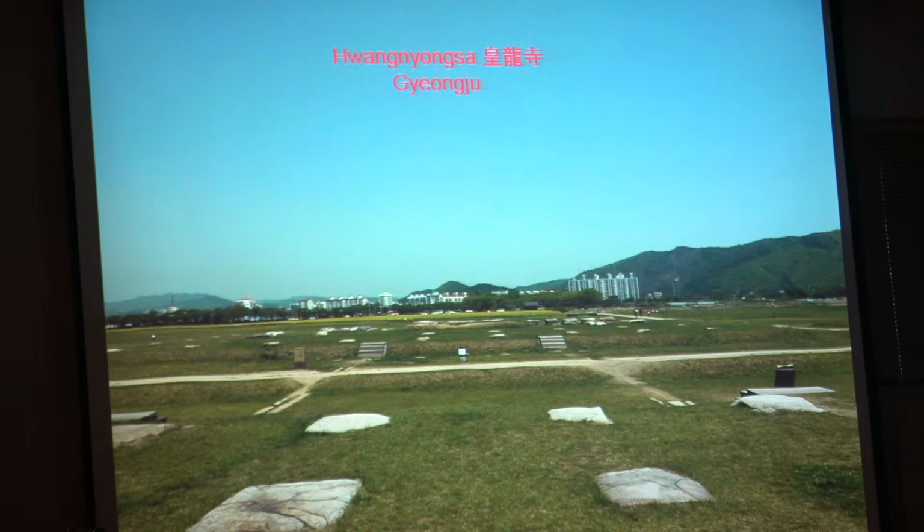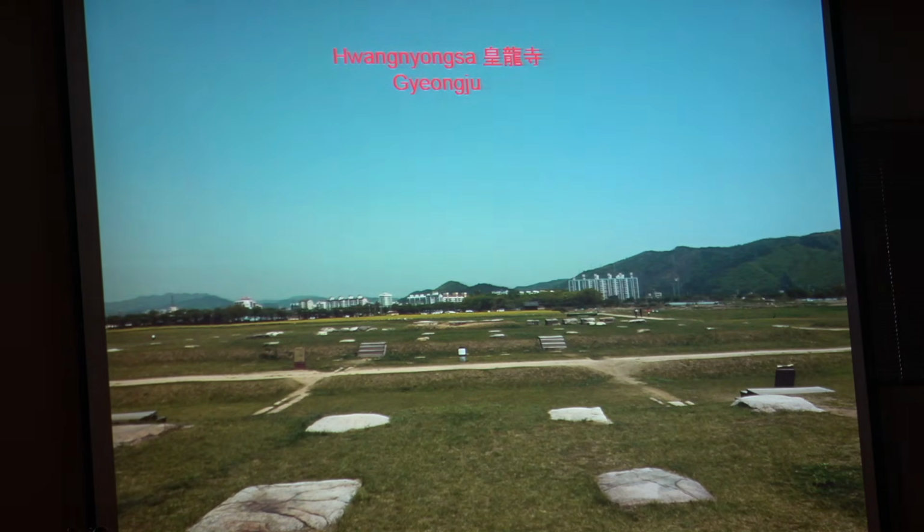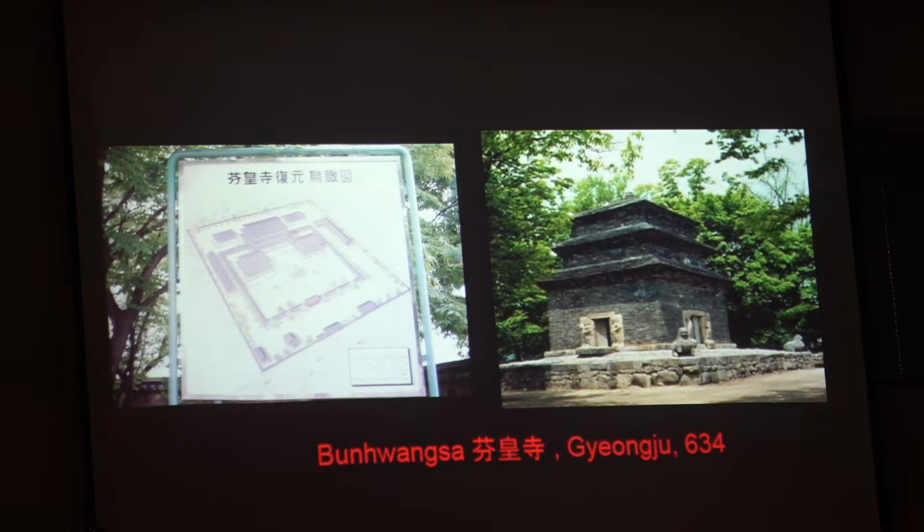Now I go back to my excavation site. If you stand here on the excavation site, and these steps lead up to the Buddha Hall, you will see right here the gateway of another monastery. This distance is 390 meters. So a very, very short walk. The monastery gate that you're looking at is Buhwangsa.